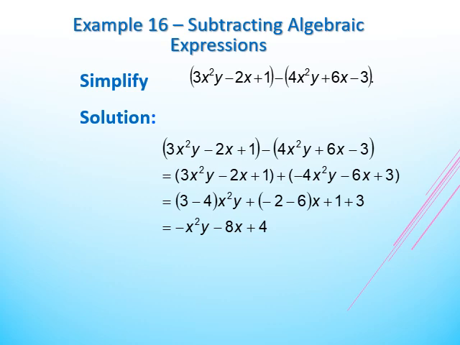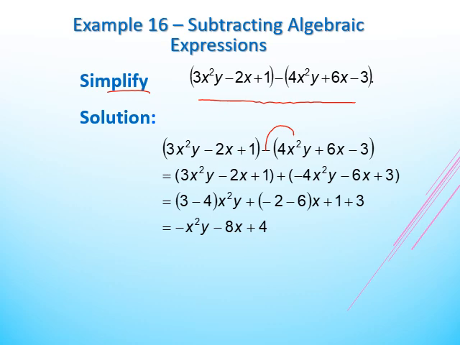Now let's take an example of subtracting algebraic expressions. Simplify this value. To simplify it, we will distribute the negative sign onto the second algebraic expression, getting negative 4x squared y minus 6x plus 3.